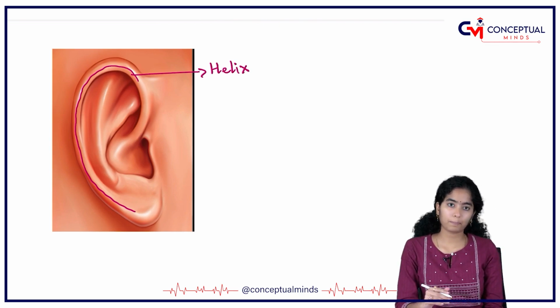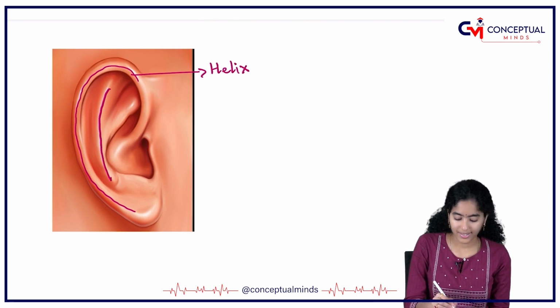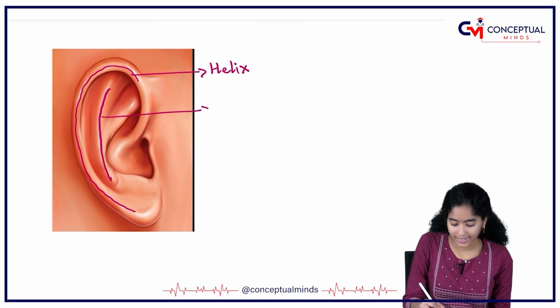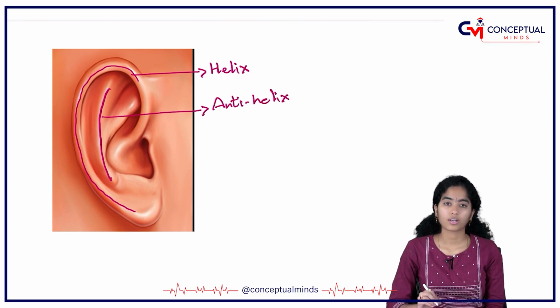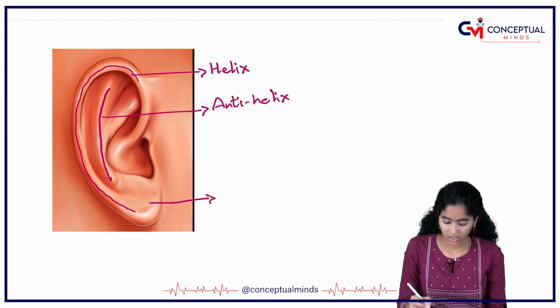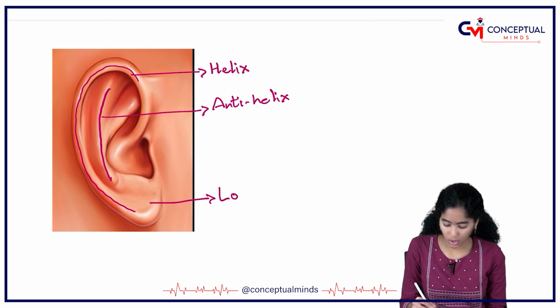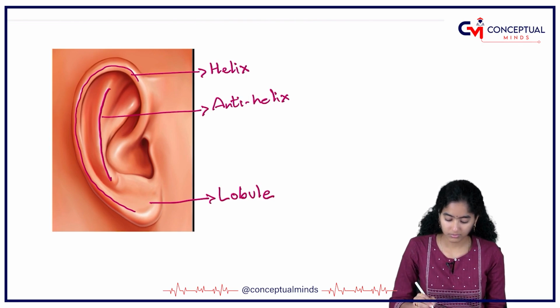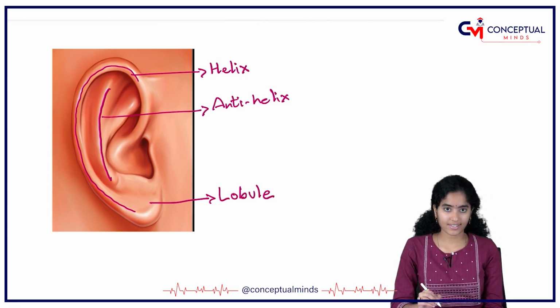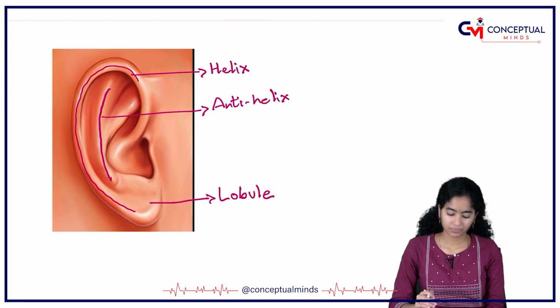Another fold is seen parallel to the helix. This one is called the antihelix. The helix ends in a lower fatty mass of tissue that is called the lobule. The antihelix ends in the lobule.